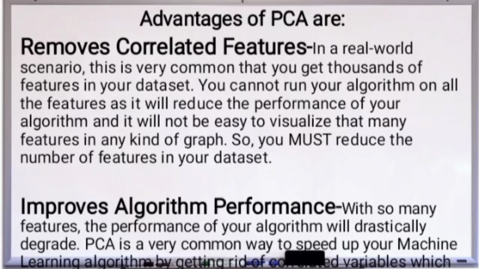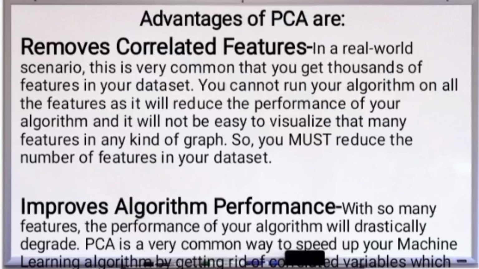In a real-world scenario, it is very common that you get thousands of features in your datasets. You cannot run your algorithm on all the features, as it will reduce the performance of your algorithm, and it will not be easy to visualize that many features in any kind of graph. So, you must reduce the number of features in your datasets.